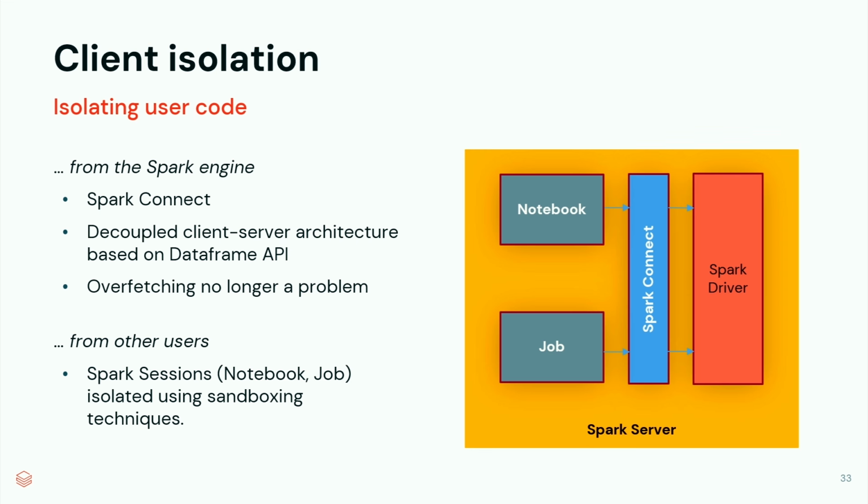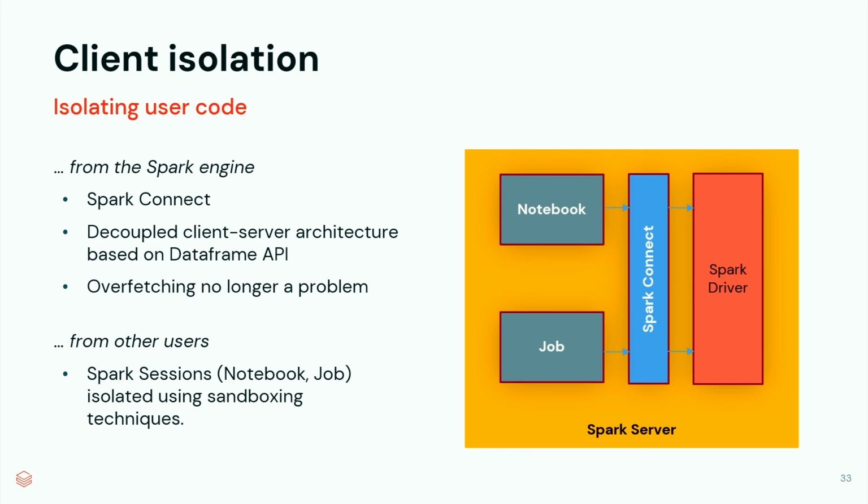With Spark Connect, you get client isolation. This slide was actually taken from a Databricks talk on LakeGuard, which is about better security isolation for Spark clusters. Spark Connect is one component of that. Because you have that Spark Connect layer, and each client is talking to Spark Connect individually, you do get isolation from the Spark engine.